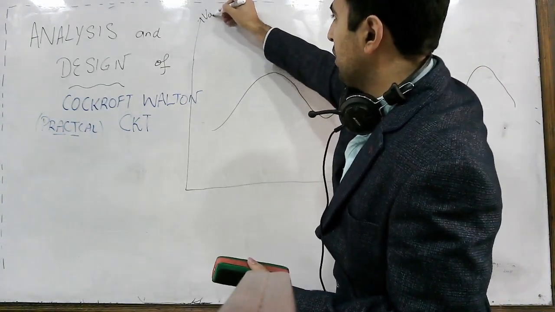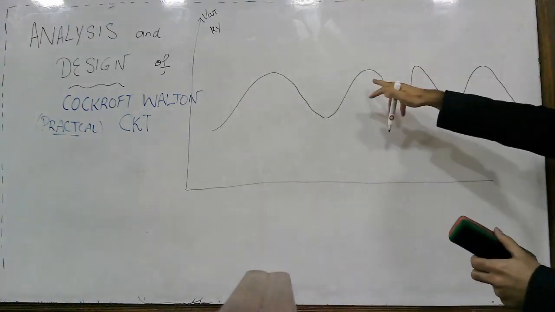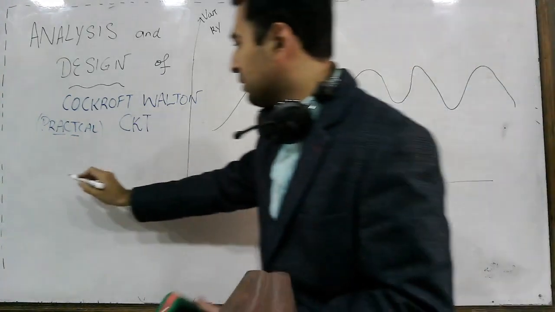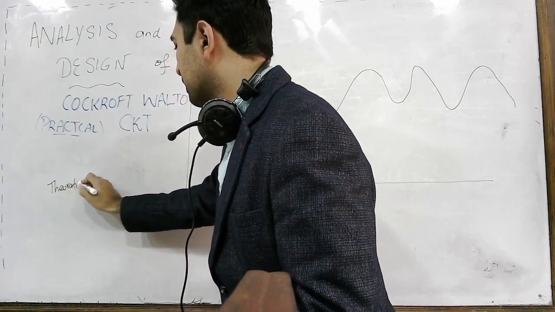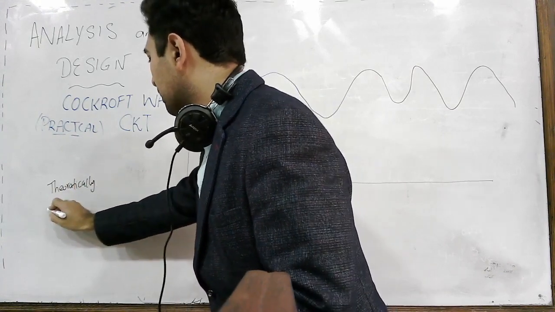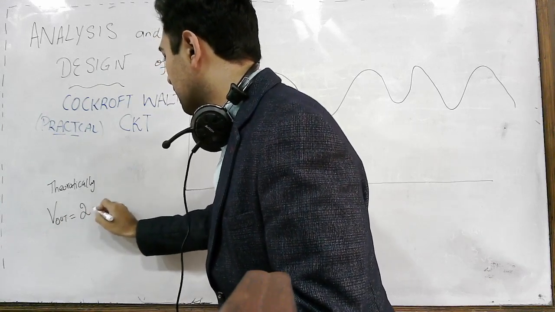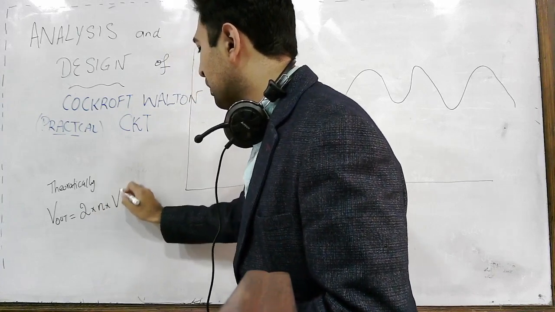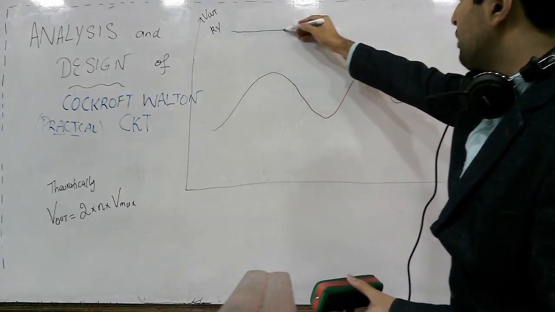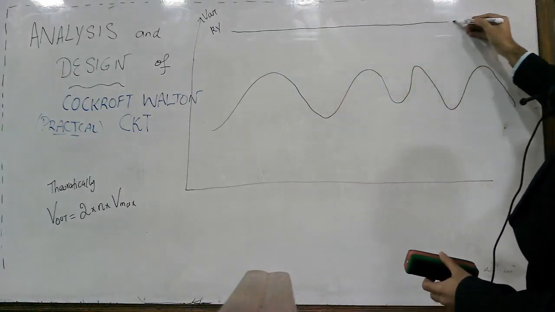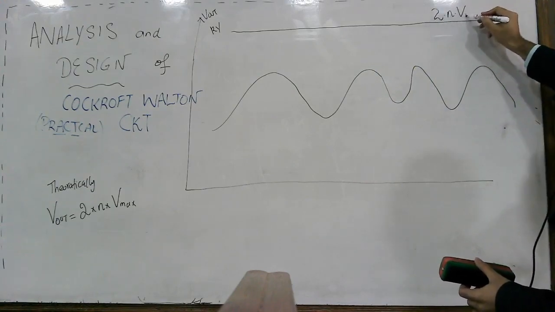This is V out, it can be in kilovolts. And what we stated is that theoretically V output is equal to 2 n V max.